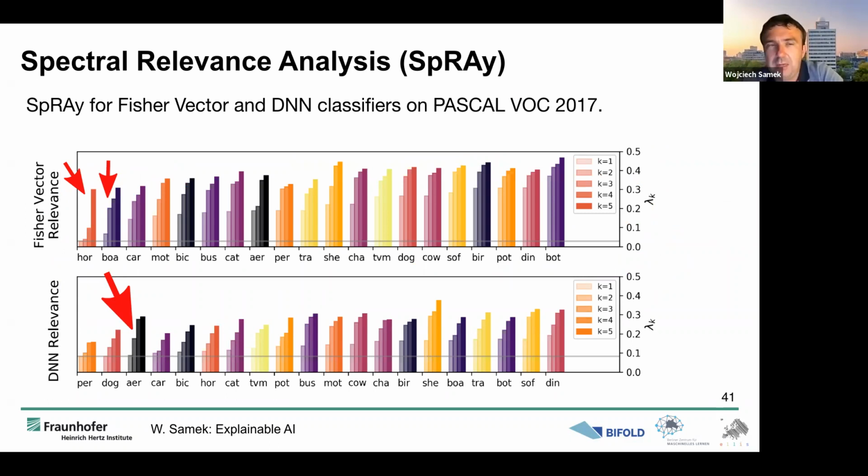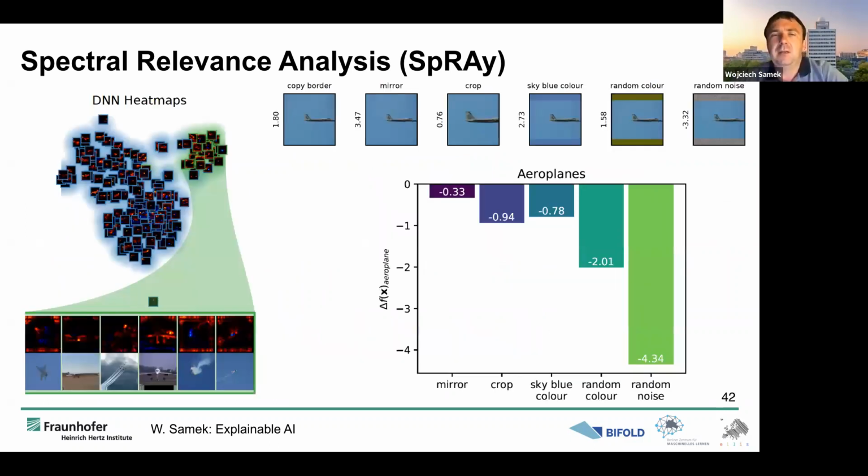And you see, for example, here that this is a class of airplanes, and you see two distinct clusters and two distinct strategies of the model to identify airplanes. In the blue cluster, the model is really looking at the airplane. In the other cluster, it assigns a lot of relevance to the upper and lower part of the image.